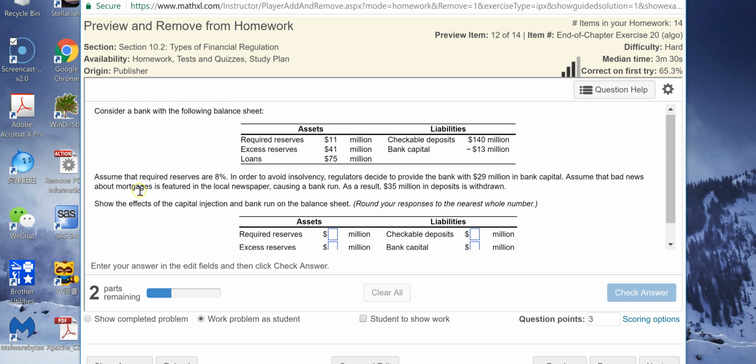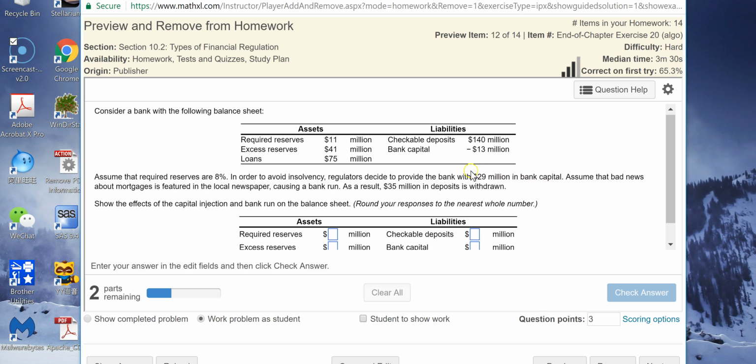You can note that. Assume that required reserves are 8%. So required reserves should be a percentage of the checkable deposits, 8%. In order to avoid insolvency, so right now the bank is actually insolvent, regulators decide to provide the bank with $29 million in bank capital.